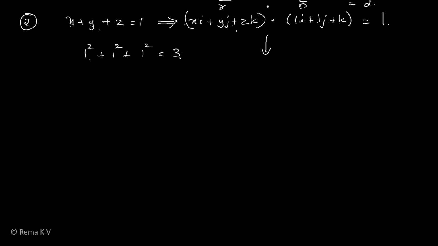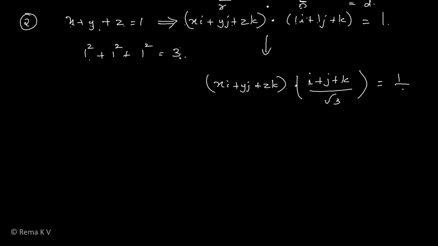You can write this as xi plus yj plus zk dot. The magnitude of this vector is root 3, so we can divide both the sides by root 3. So it is i plus j plus k divided by root 3, which is equal to 1 by root 3.